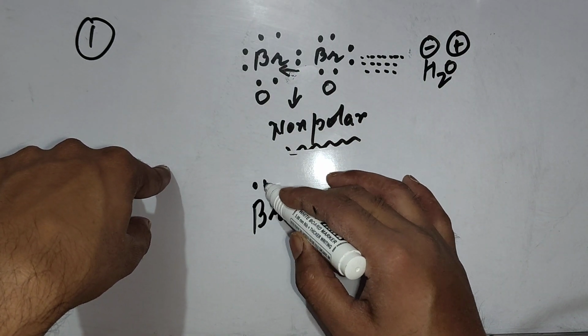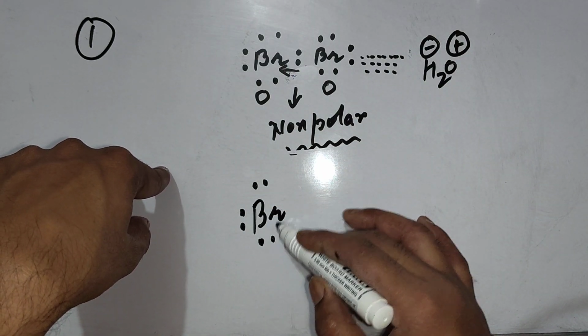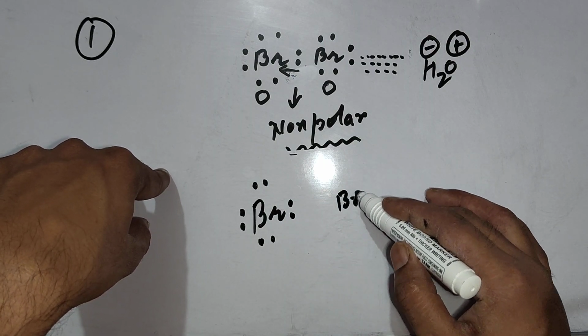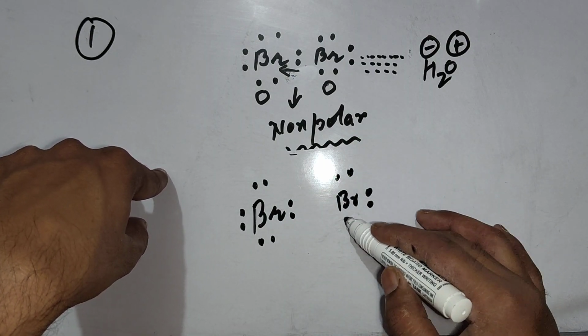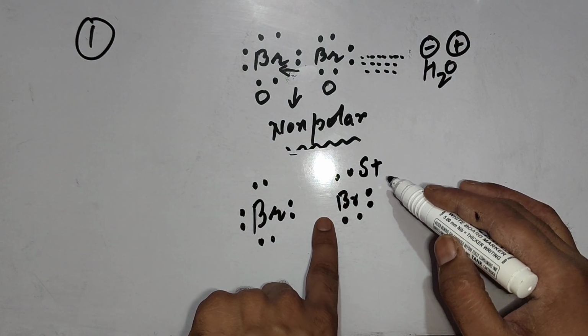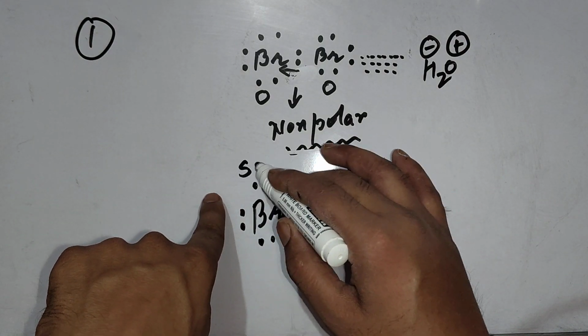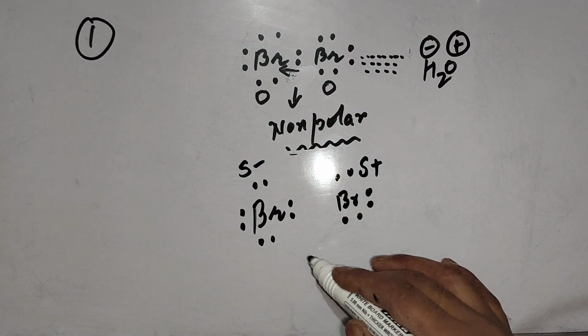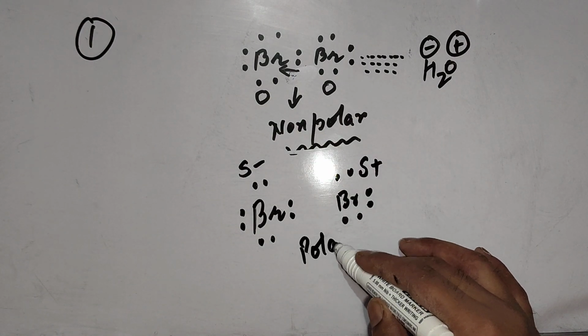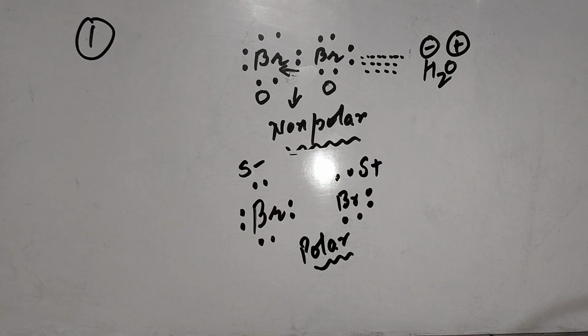Now what will happen? These electrons will be close to the left-hand bromine and away from the right-hand bromine. So the positive charge will come on the right-hand bromine and the negative charge will come on the left-hand bromine. In this fashion also, non-polar bromine will turn to polar. So this is what water does with the bromine molecule.